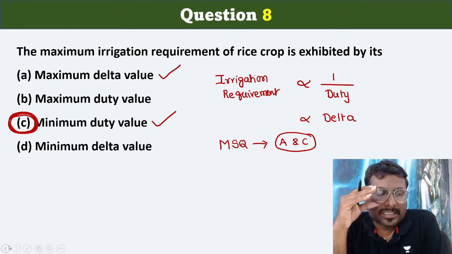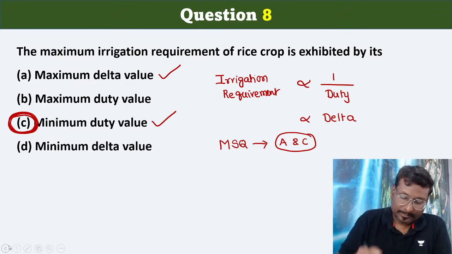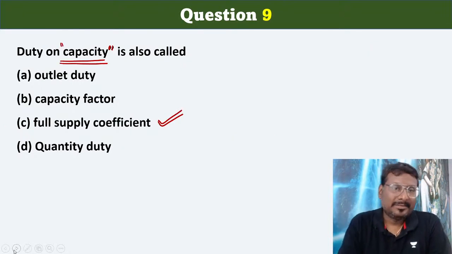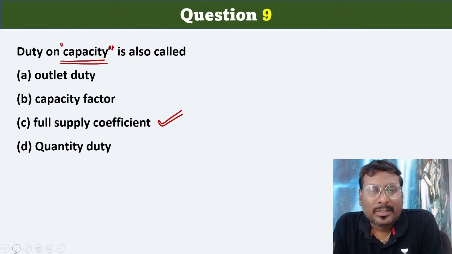Cheppandi Rajdhani, fast. Duty on capacity is also called, when water is fully supplied, canal is fully saturated with water, flooded with water, reservoir is flooded with water, duty on capacity, full supply coefficient.